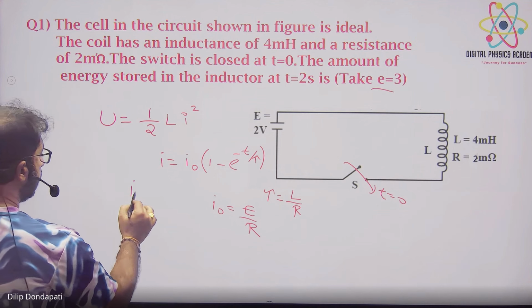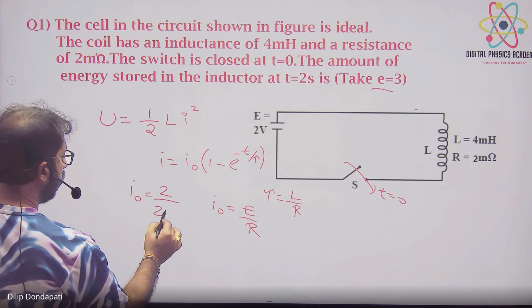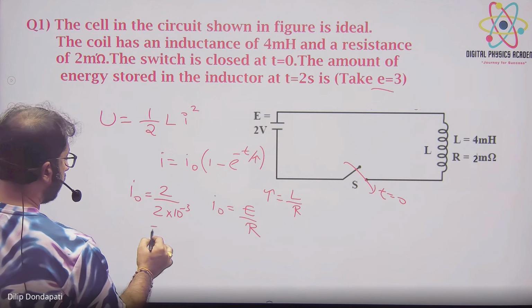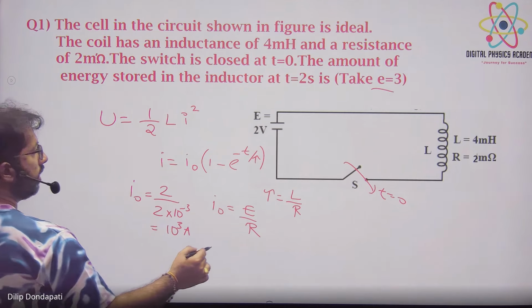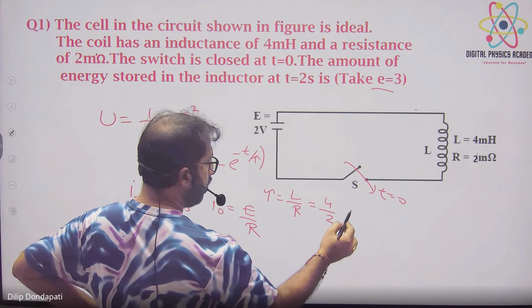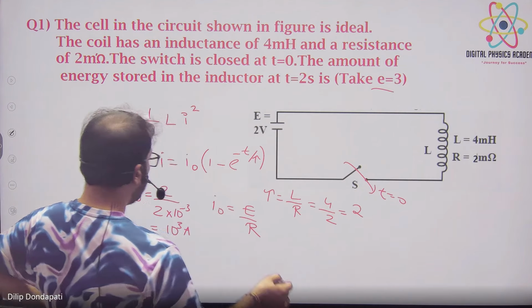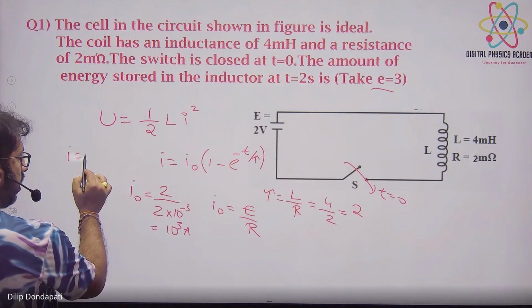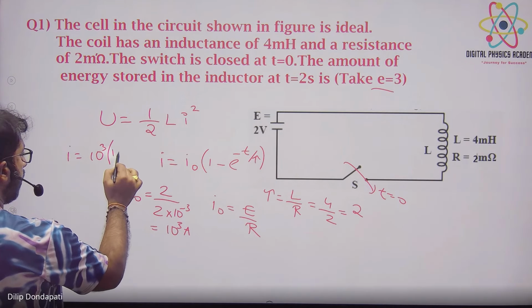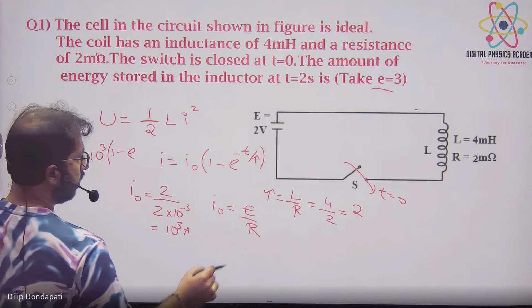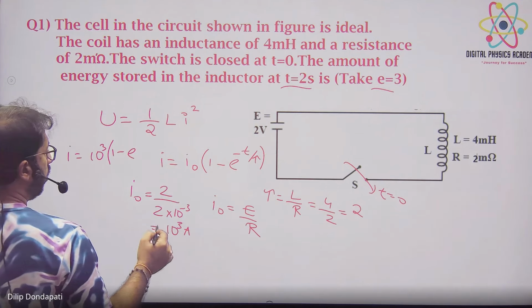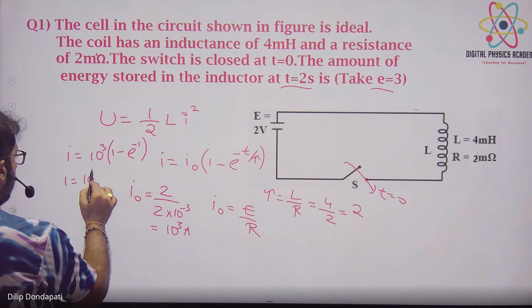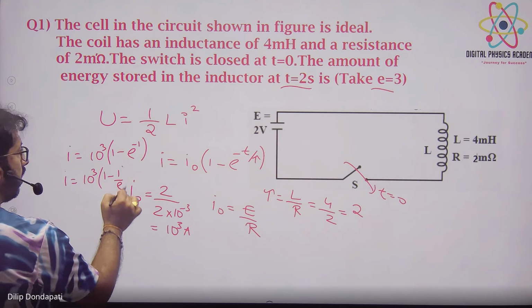So I naught is 2 by 2 into 10 power minus 3. So the current will be 10 cube amperes. Okay, and tau is L by R. So 4 by 2, milli cancels, it is 2. Substitute. So I is equal to I naught, which is 10 cube, into 1 minus e power minus 2 by 2, time being 2 seconds, right? 2 by 2 is 1, so minus 1. Yes, correct. 10 cube into 1 minus 1 by e. Take e value as 3.